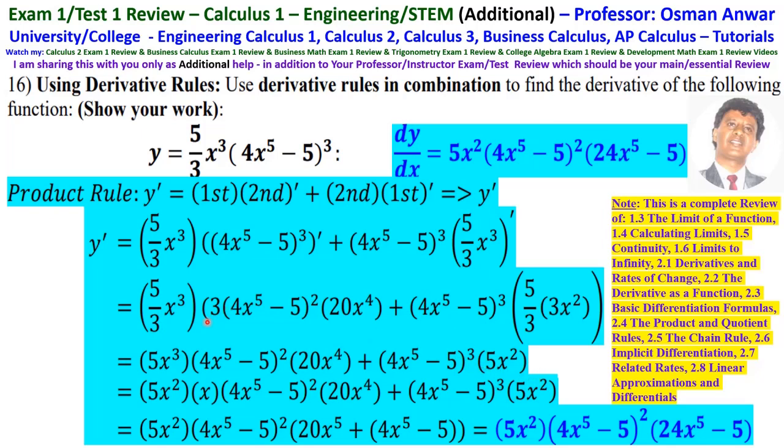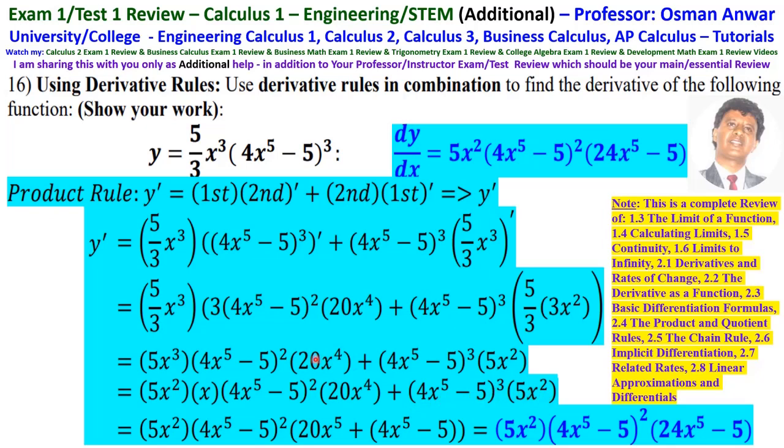Then here we can see 5x to the third and 5x squared. So we can split this into 5x squared times x times (4x to the 5 minus 5) squared times 20x to the 4 plus (4x to the 5 minus 5) to the third times 5x squared.